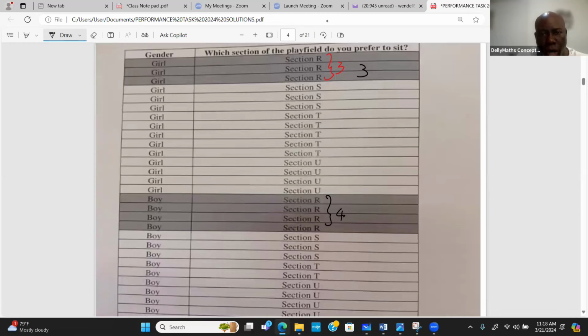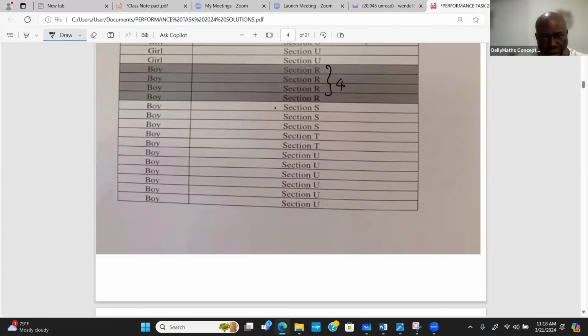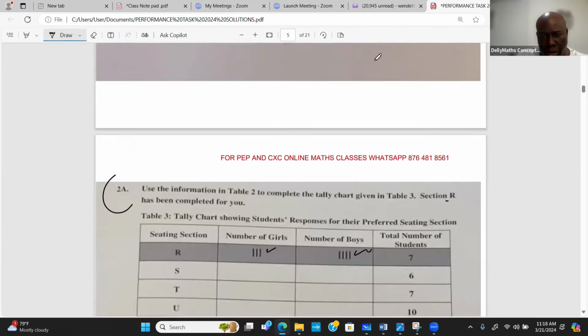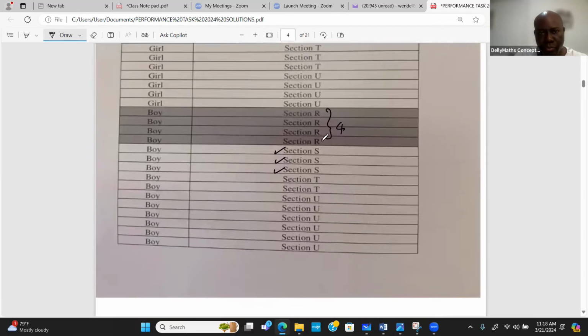For S, we have 1, 2, 3 girls. And let's count how many boys in the S section. We have 1, 2, 3. So 3 girls, 3 boys, and you see the total of 6. So you're getting your confirmation there as well.